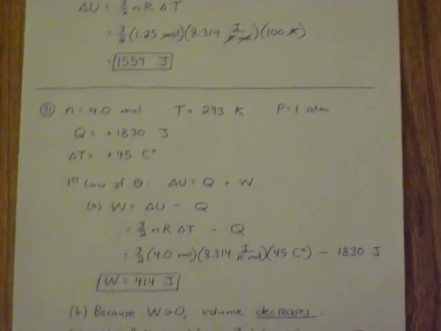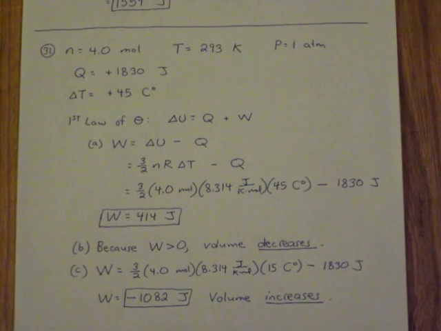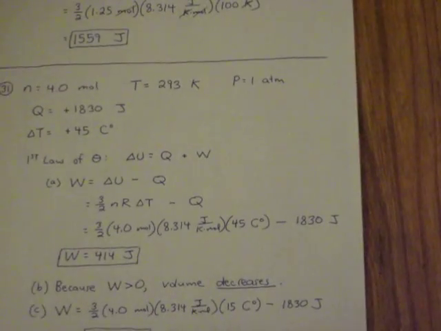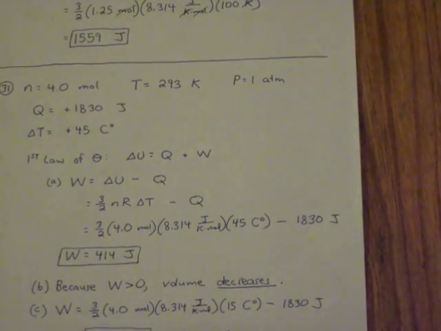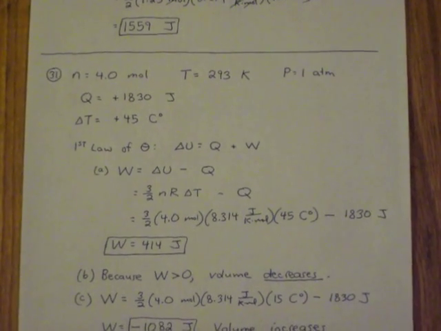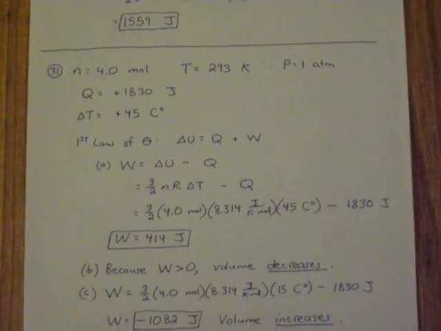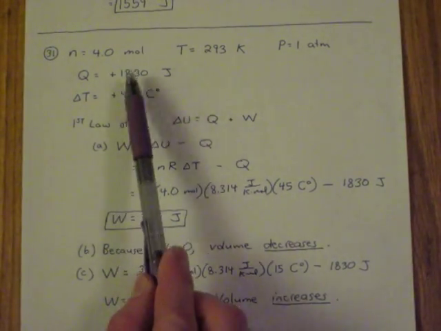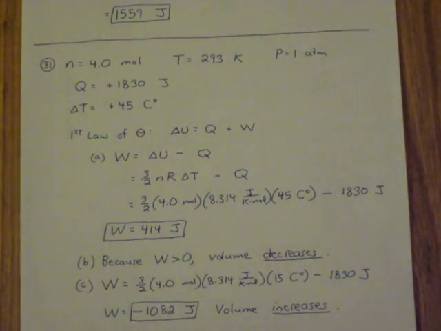Number 31. Number 31 deals with krypton, which is a monatomic gas. Alright, krypton. So we have 4 moles of it, N equals 4.0.